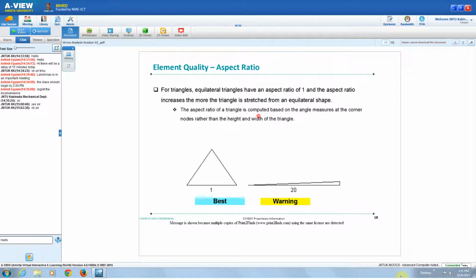For tria elements, the aspect ratio is calculated based on the angles measured at the corner nodes. So maximum angle by minimum angle gives the aspect ratio. That's why an equilateral triangle is best, with aspect ratio 1. A triangle with aspect ratio 20 looks like this.